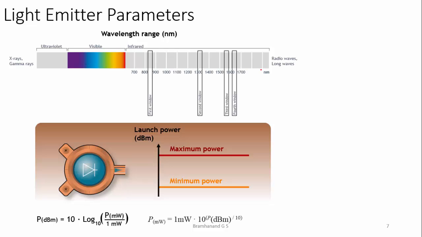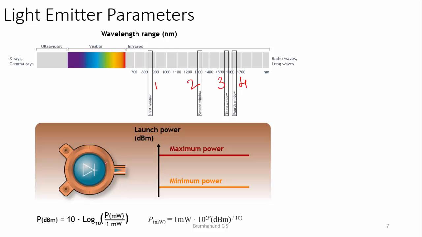The fundamental windows or wavelength windows wherein my attenuation losses are less are represented in 850, 1310, 1550 and 1625 wavelength ranges.